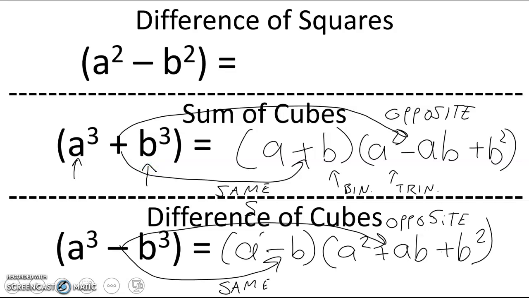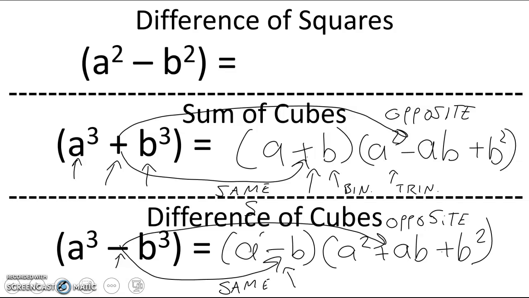When you take the cube root of both of those, the operation of that binomial, which is either addition or subtraction, is going to be the same operation as your original problem. So if you have a plus sign in your original problem, your new factored binomial is going to have a plus sign as well. Same goes for difference: if you have a subtraction sign in your original problem, your new factored binomial is going to have a subtraction sign.